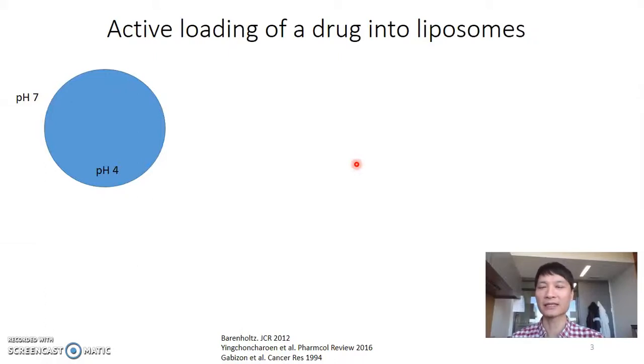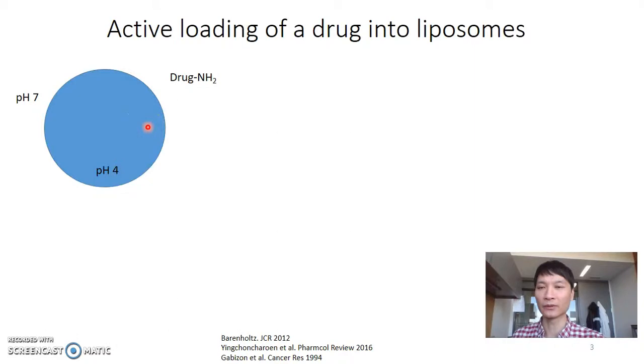In this case, we call it active loading. And active loading is normally developed or used for amphipathic drugs, and you can see the reason when I explain it. So this is a liposome, and we create the liposome containing a pH gradient. Inside the pH is about 4 and outside is about 7.